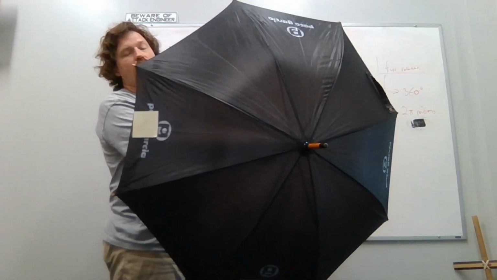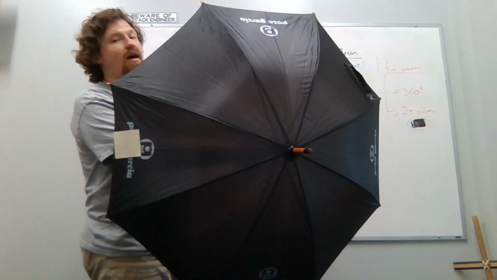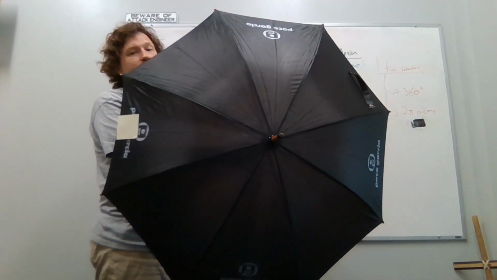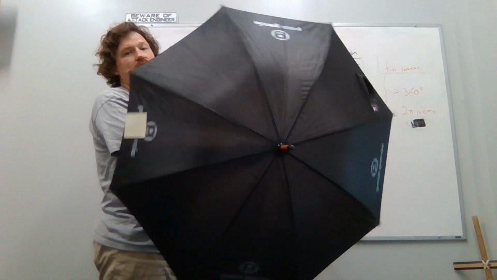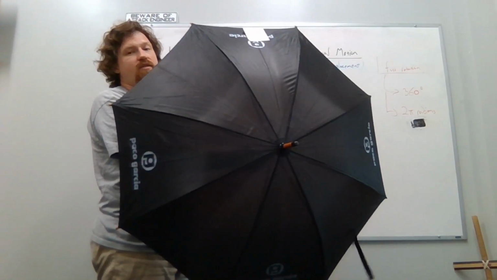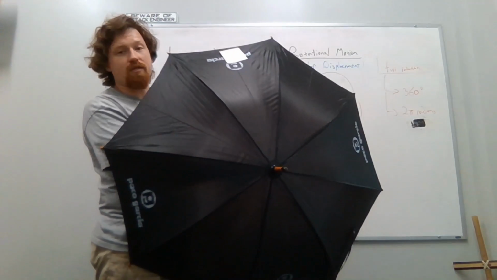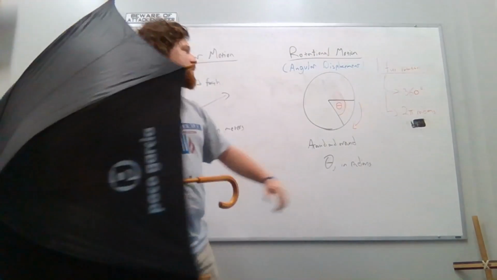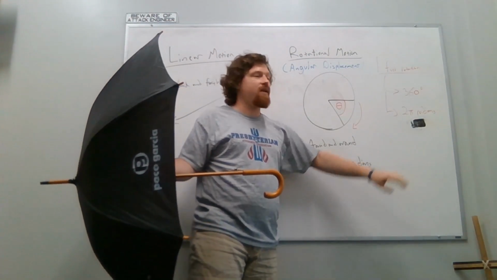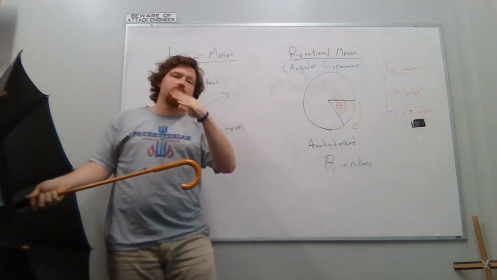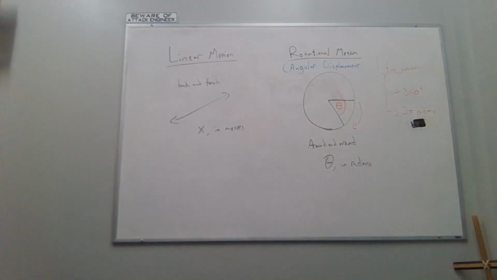This would be 3 times pi over 2 radians. And then last, 360 degrees. We've done a full rotation from where we started. This would be 2 pi radians. 360 degrees equals 2 pi radians. So this is a conversion factor that you can use to go between degrees and radians.